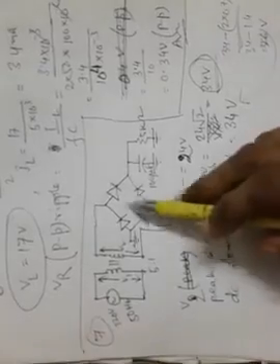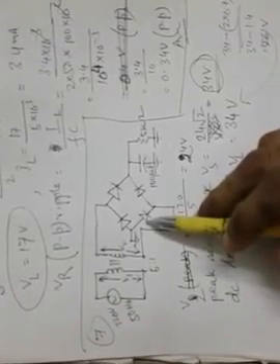So 32.6 volt would have been the DC load voltage in that case, had these diodes been non-ideal. But here in this case we will proceed with considering the diodes are ideal.